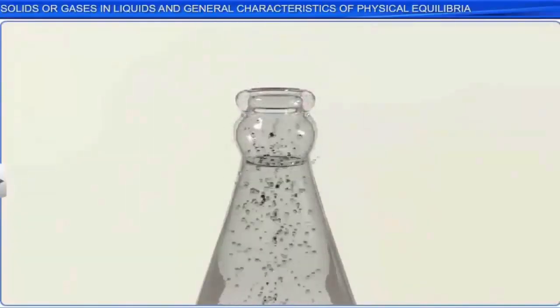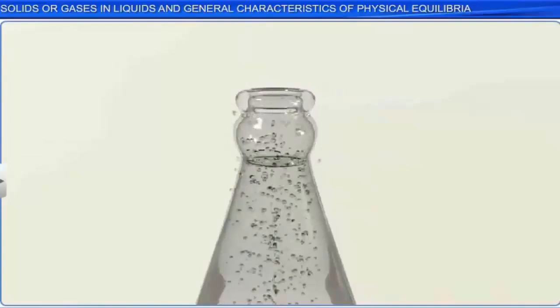The fizz that bubbles up when you open a soda water bottle is carbon dioxide gas. The phenomenon of fizz you see in carbonated beverages is due to the difference in the solubility of carbon dioxide at different pressures.